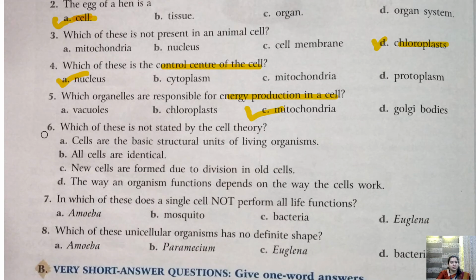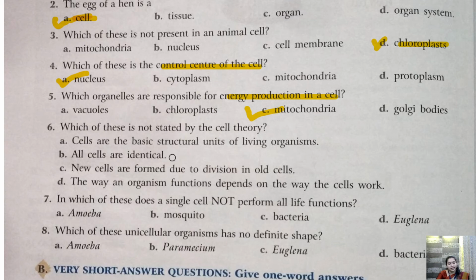Now sixth, which of these is not stated by the cell theory? Who gave cell theory, children? Schleiden and Schwann gave cell theory. So what they said in the cell theory? They said that cells are the basic structural unit of living organism. Yes.